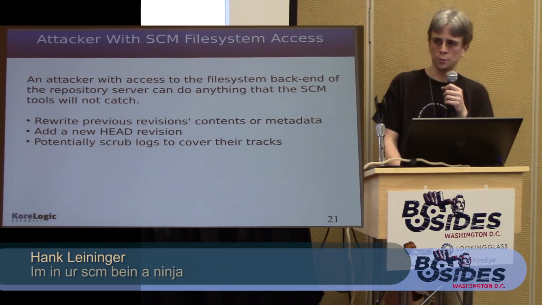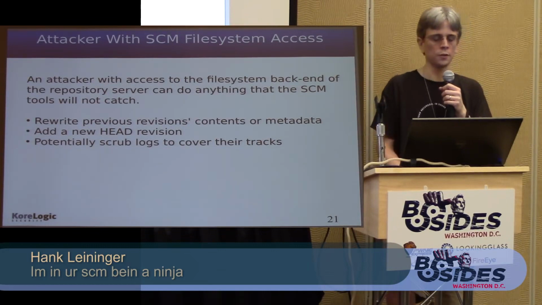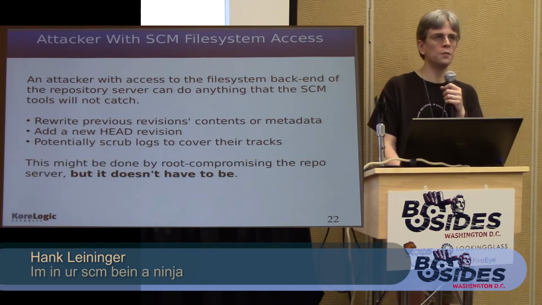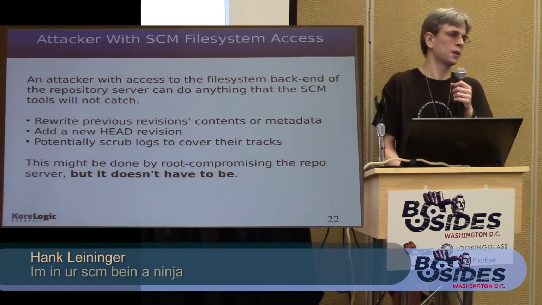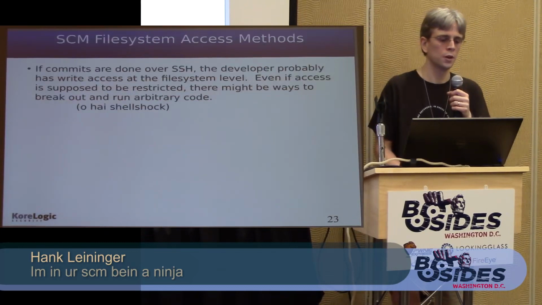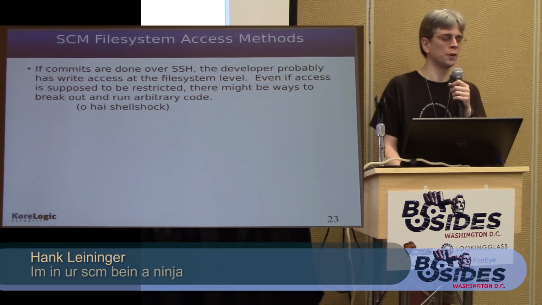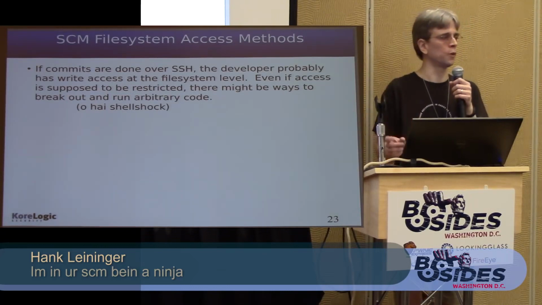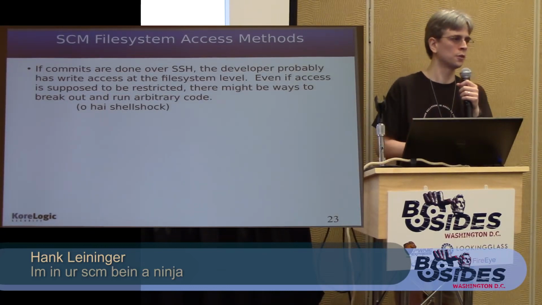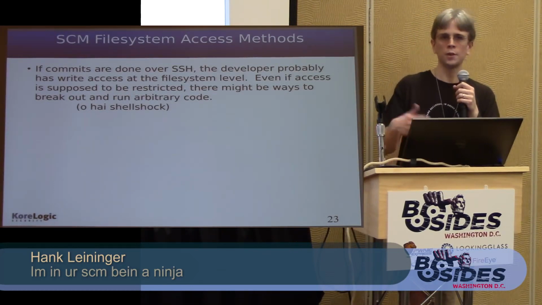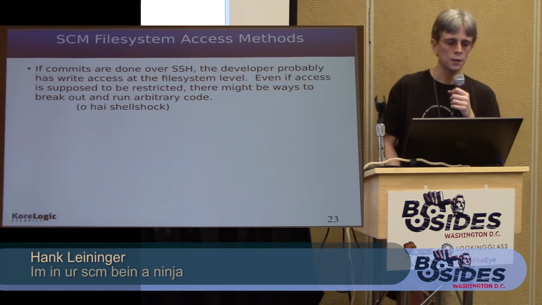And obviously, just like any other breach, they can scrub logs to cover their tracks. You might think you have to gain root on the repo server to have that level of access, but not necessarily. For instance, if commits are done over SSH, the developer's UID probably has write access to the repo server contents on the remote machine. It's just that their access is restricted to only run svnserve or whatever.